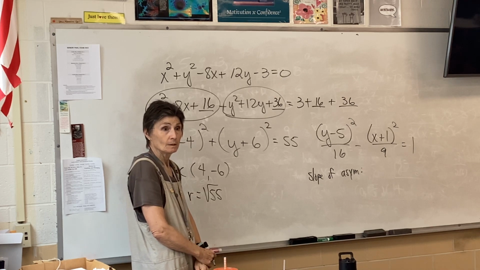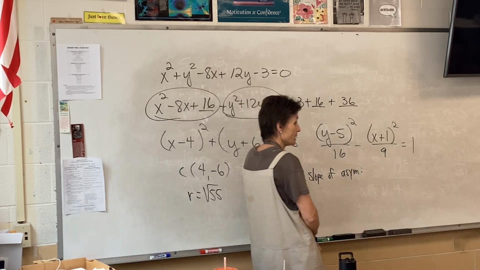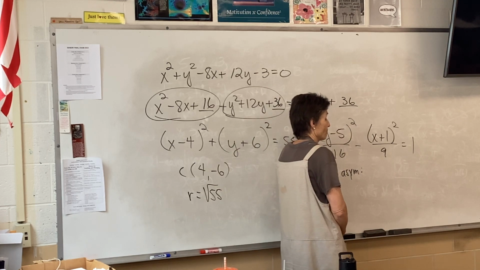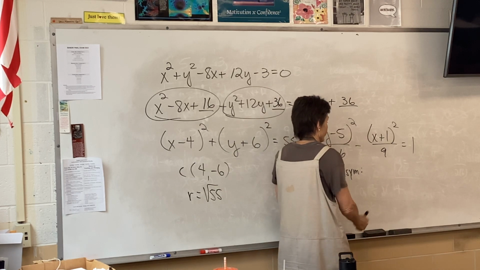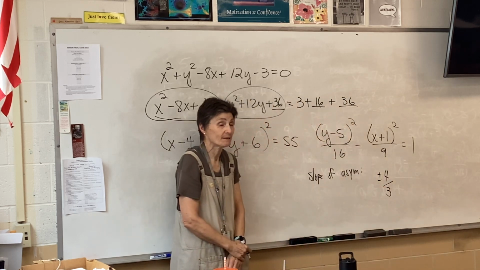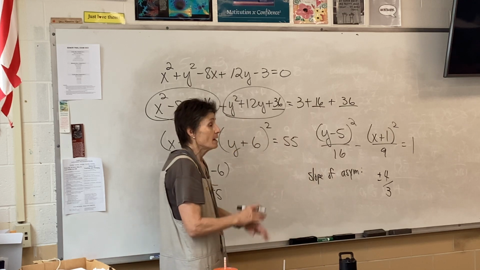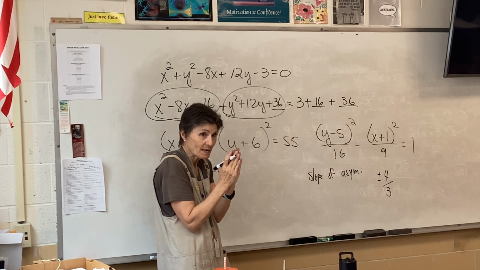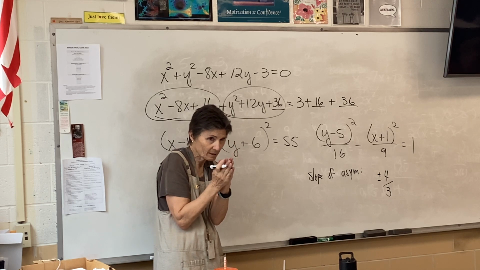I heard 4 over 3 and 3 over 4. Which is it? 4 over 3 goes up 4 over 3. Plus or minus 4/3. Remember, asymptotes are positive and negative. Now, again, if it helps you to draw a picture, go ahead and draw a picture. But I want you to think about drawing the box.